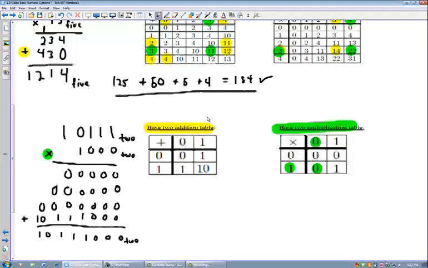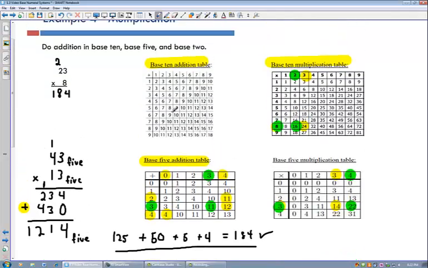Now, when you break these things down and say, like, you're taking 23 times 8, so you're really adding 23 8 times, or you could say you're taking 3 8 times and 20 8 times, and that's giving me 184. Then we understand multiplication, how it really is.